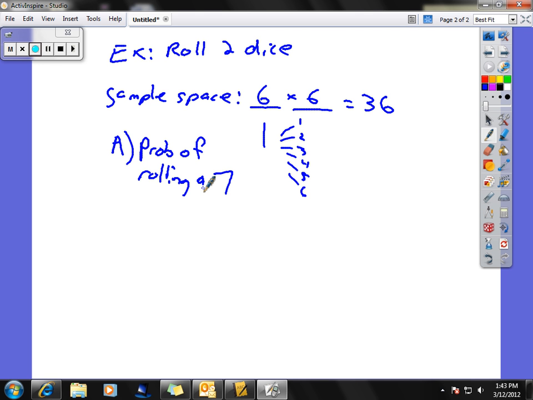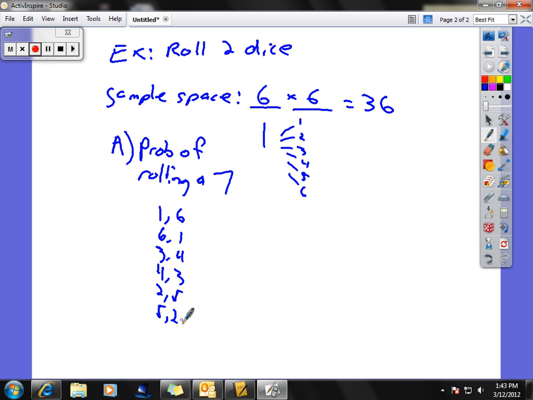All right. So now, for me, it's probably just easiest to count them up. There's not going to be that many. Okay. So to get a 7, you can get a 1 and a 6, right? Or a 6 and a 1. 3, 4, 4, 3, 2, 5, 5, 2. Okay, 1, 2, 3, 4, 5, 6. There's 6 ways that you can get a 7.